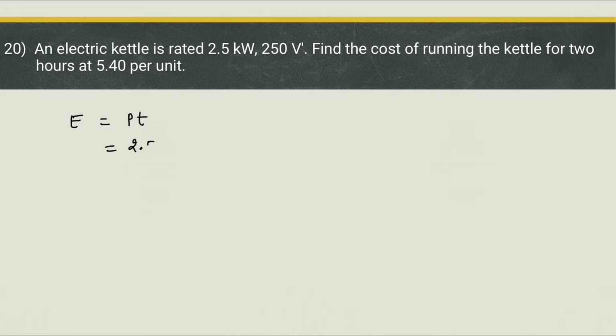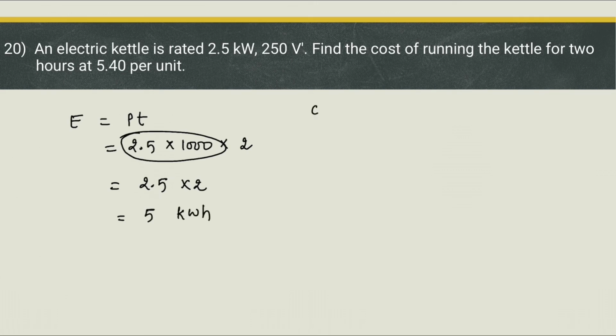Power is 2.5 kilowatt, or 2.5 into 1000 watt, into 2 hours. It's better to keep power in kilowatt only, so 2.5 into 2 is 5 kilowatt hour. Now the cost is 5 kilowatt hour into 5.4 per unit, which is 27 rupees. Answer is 27 rupees.